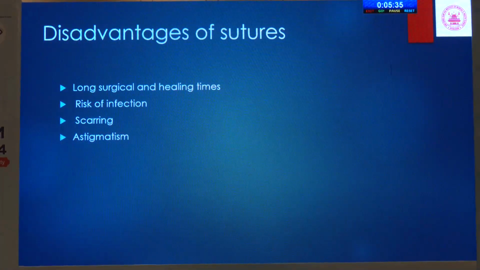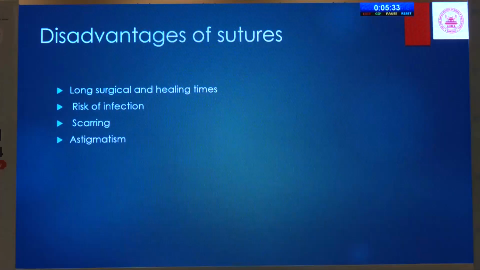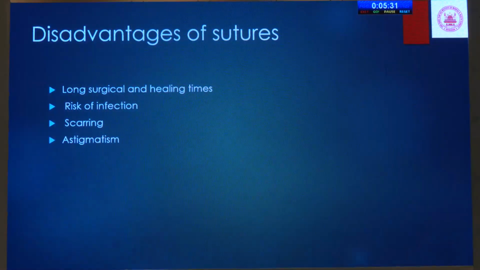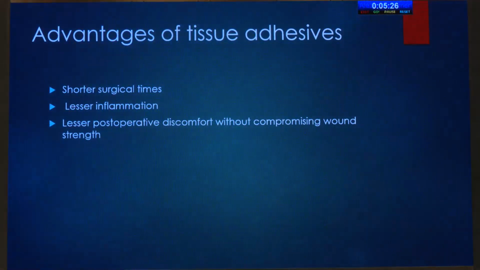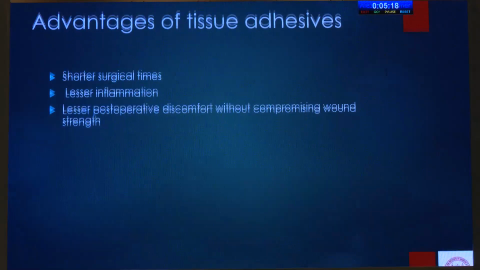Sutures have their obvious disadvantages in the form of long surgical and healing time, risk of infection, scarring, and astigmatism. Now, tissue adhesives cover most of these disadvantages, but whatever tissue adhesives we are using till date have disadvantages of their own.